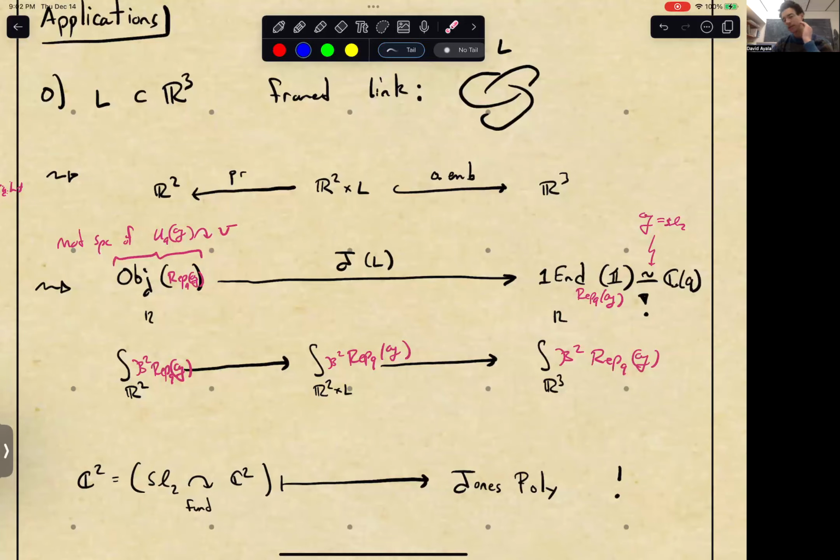Let's see. In order to get the Jones polynomial, I don't think you need to sum up all the labels. The Jones polynomial only needs the C2, the fundamental representation. I see. Yep. That's right.